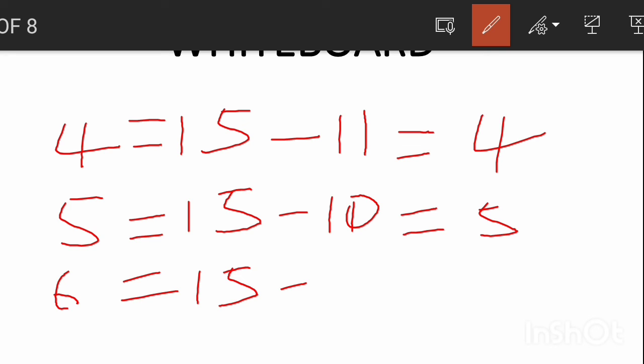The sum is 9. Then take away 9 from 15. If that is done, then your answer is going to be 6. These are the methods you can adopt or apply to look for the missing number, or missing numbers rather.